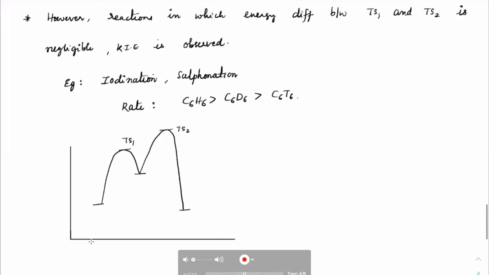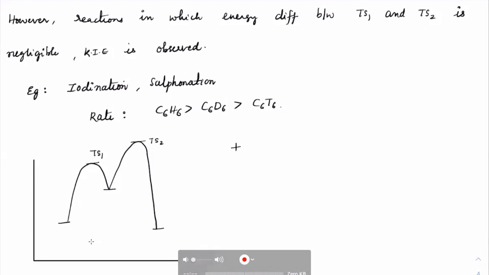Why does this happen? See, when it comes to iodine, suppose iodine got substituted here, the positive charge is here, the double bond, this, iodine and H. It may so happen that when you have weak bases, especially when you are using iodine, the other I minus present in the solution, the probability of breaking iodine and again getting back to resonance, or breaking hydrogen and getting back to resonance, is almost the same, because the iodine bond length is itself very long.